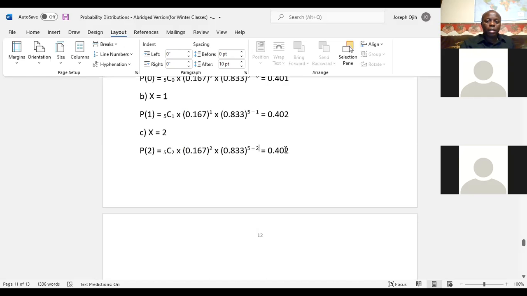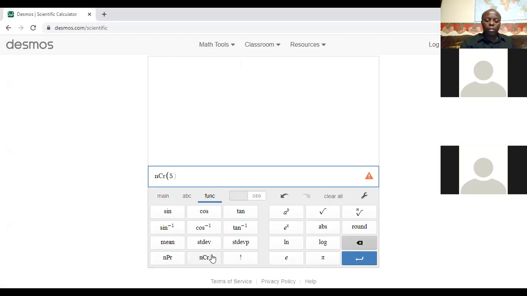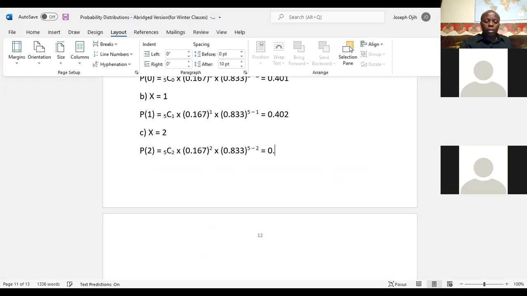Then we go to the calculator, 5 combination 2, times 0.167 raised to the power 2, times 0.833 raised to the power 5 minus 2 is 3. So raised to the power 3. We get 0.161.